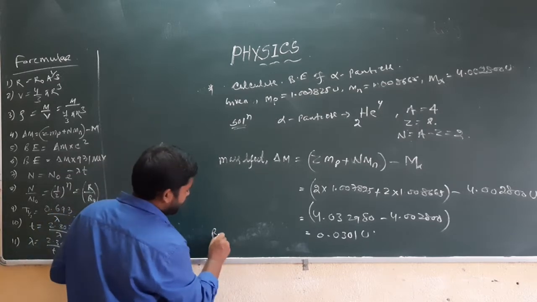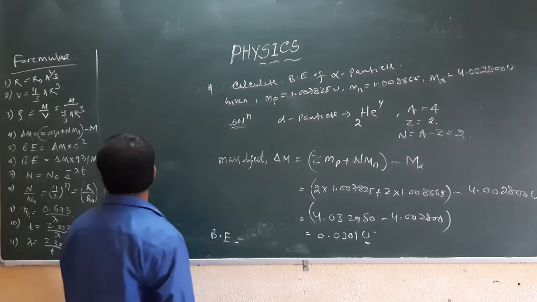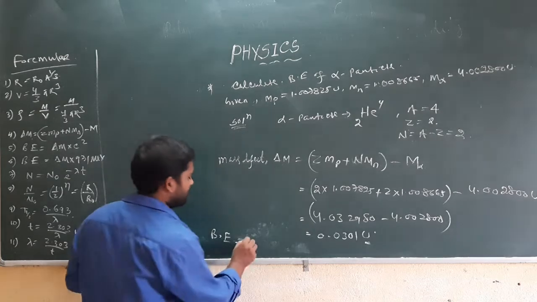So what is the binding energy? The mass defect is in atomic mass unit, so we can use the second formula, delta m times 931 MeV.